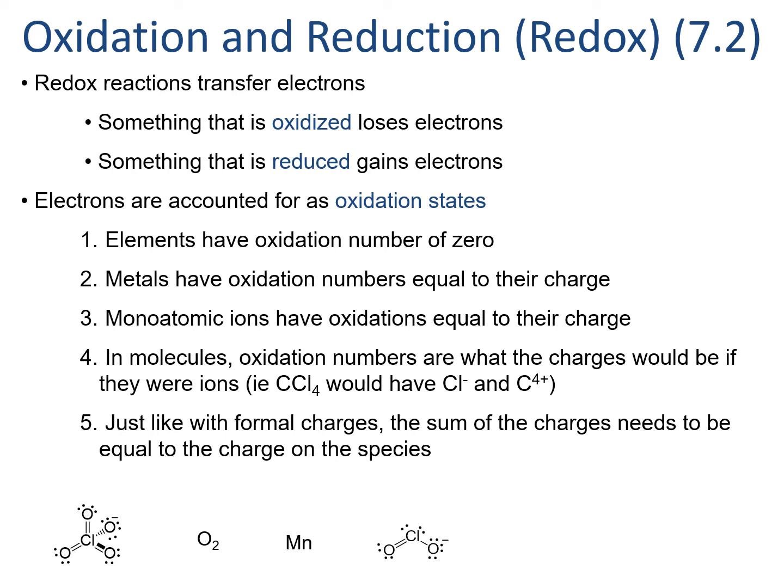The chlorine doesn't get any of the electrons from the bonds, but it does have 4 electrons on lone pairs. Subtract the 4 electrons from the 7 electrons we'd expect from chlorine, and we have a +3 oxidation state for chlorine. The chlorine +3 oxidation state plus the 2 oxygen -2 oxidation states give us a total of -1 for the ion, which checks out. Hooray us!